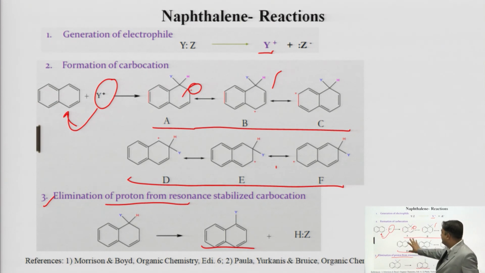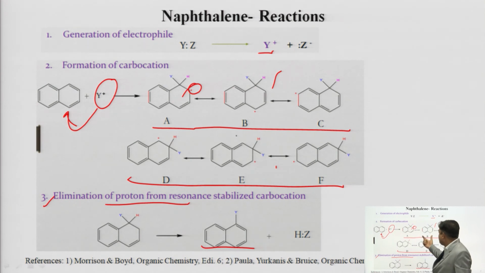Suppose here in this reaction, electrophile Y attacks on the alpha carbon here, the positive charge will be generated here. Now, this positive charge will be delocalized all along the ring.